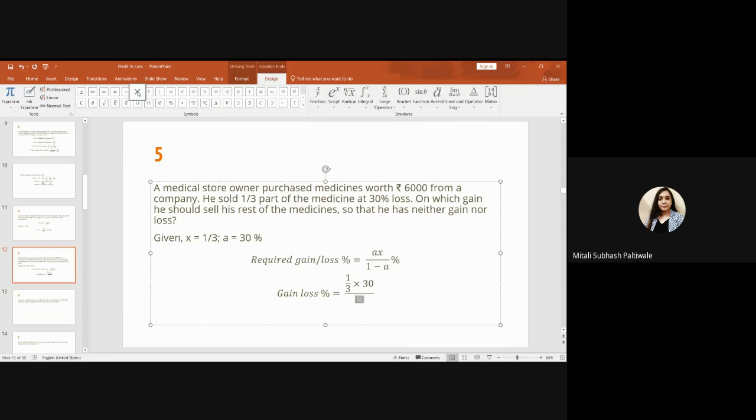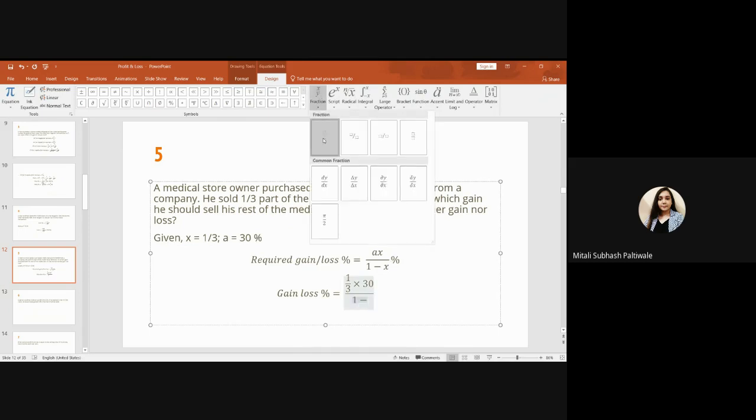1 minus, so this is 1 minus X. Okay, so this would become 1 minus 1 by 3.